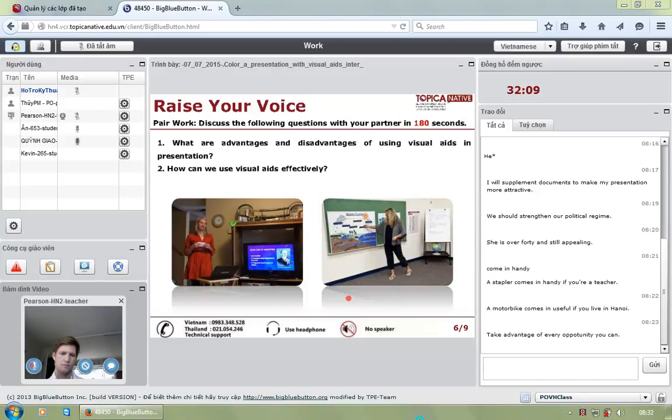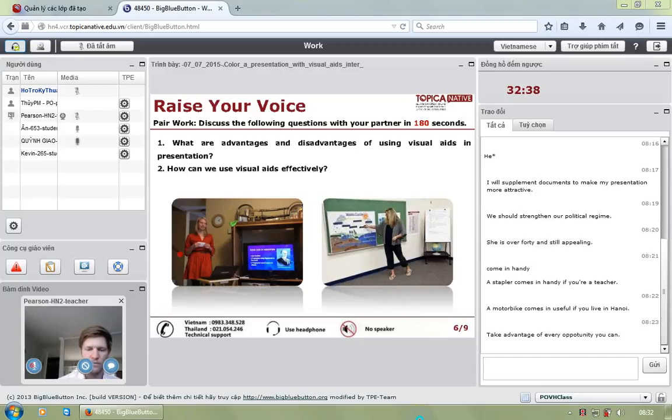The biggest advantage of visual aids is you can make your presentation more attractive, more appealing. Then visual aids help you to convey the main content more easily to the audience.